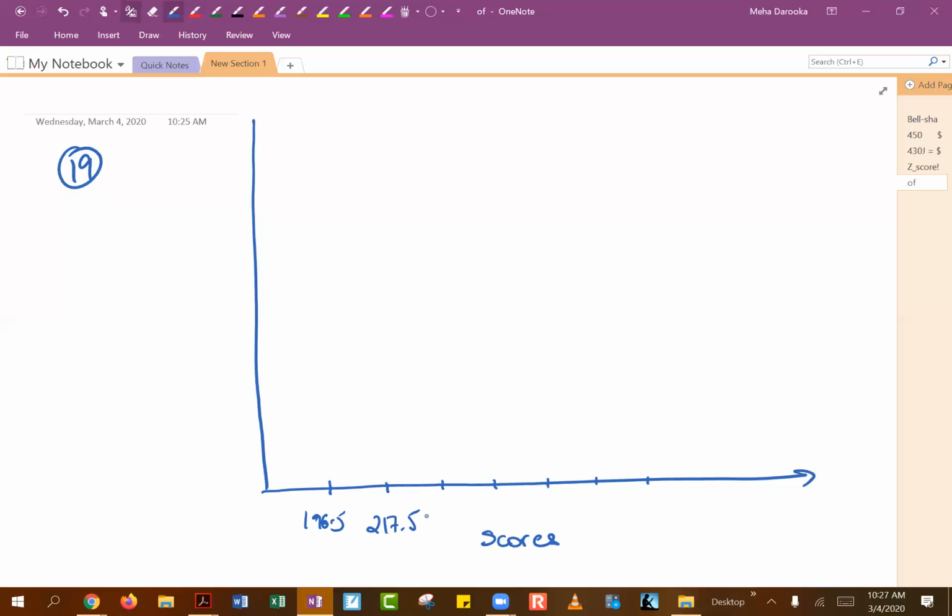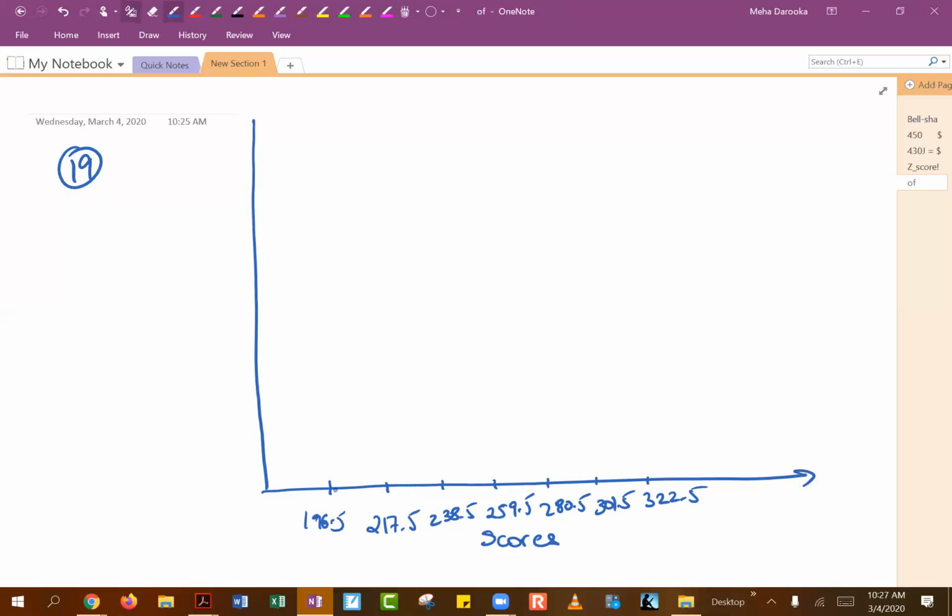217.5, 238.5, 259.5, 280.5, 301.5, and then 322.5. And since I had to erase my percentage column, we are going from 4 to 100.